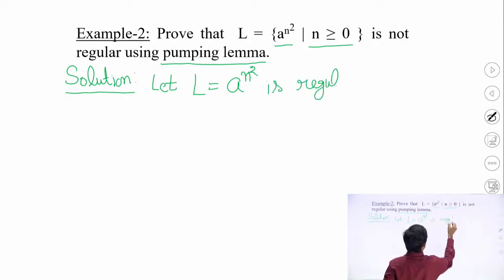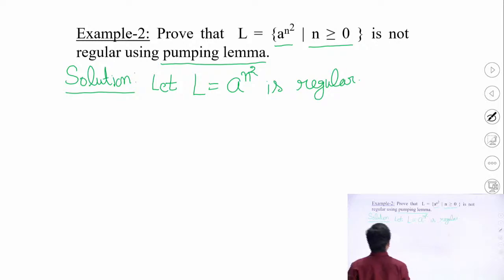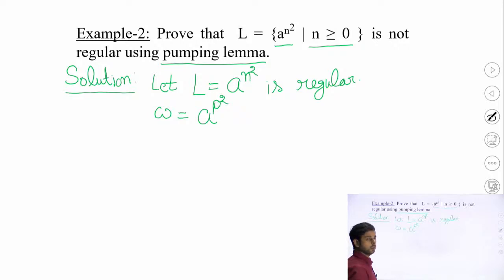And here let w equal to a raised to power p square. Now we need to assume some p such that it will satisfy all the conditions.